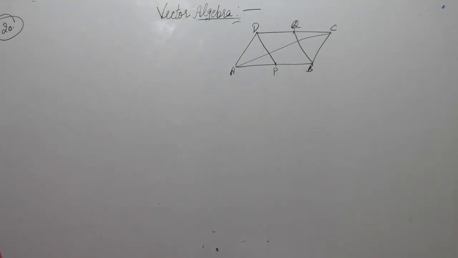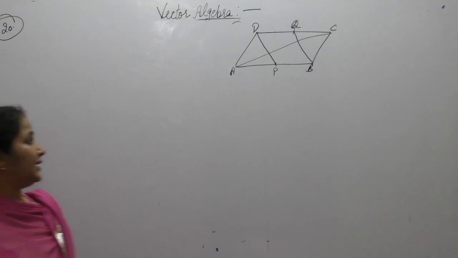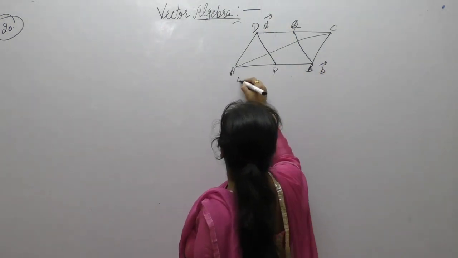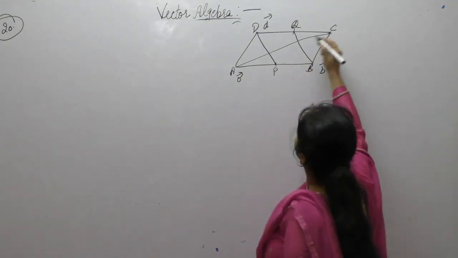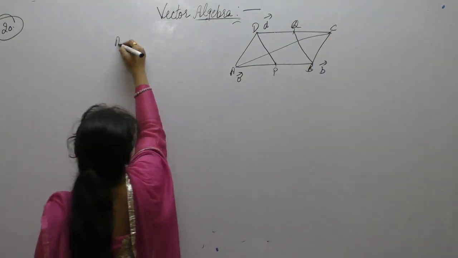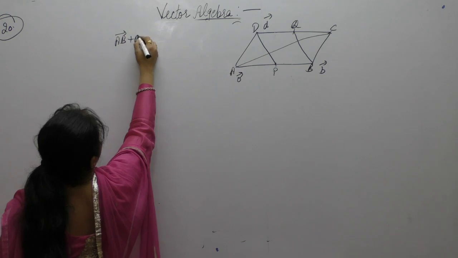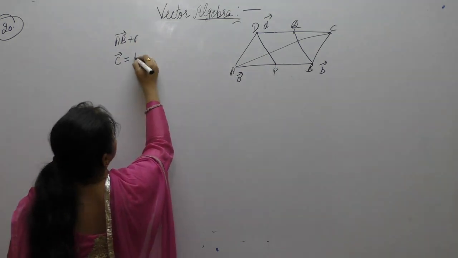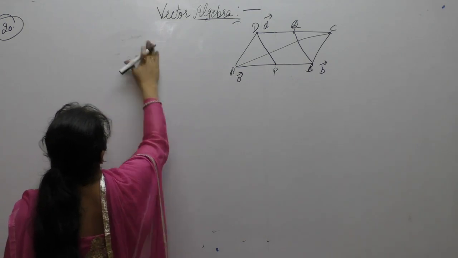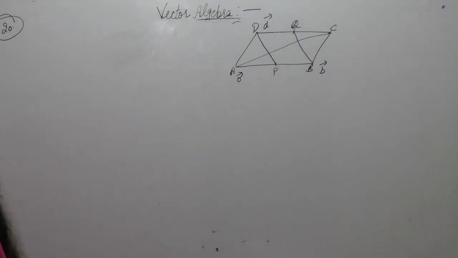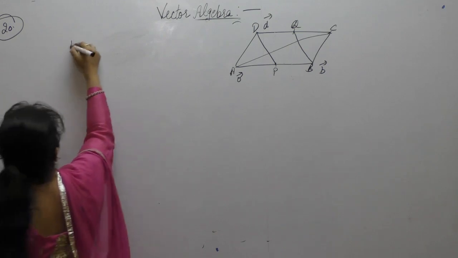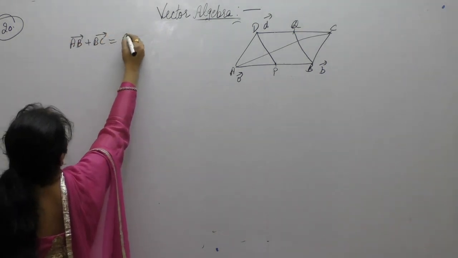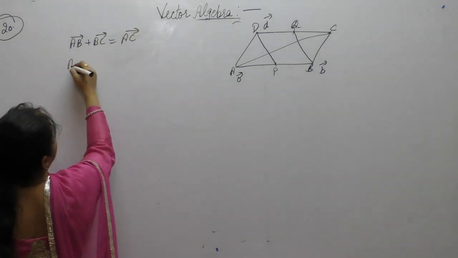Taking A as origin, let the position vectors of B and D be B vector and D vector. Now by triangle law, AB vector plus BC vector is equal to AC vector.